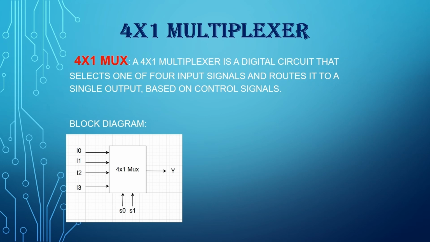The 4x1 multiplexer is also known as a 4 to 1 multiplexer, and it has four inputs, two selection inputs and one single output. Here the output is selected as one of the four inputs based on the selection inputs. Since there are n selection lines, there will be 2 power n possible combinations of inputs.